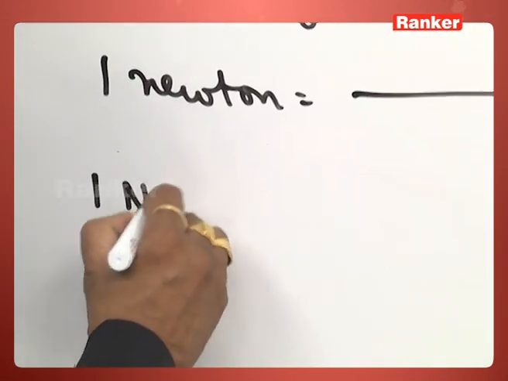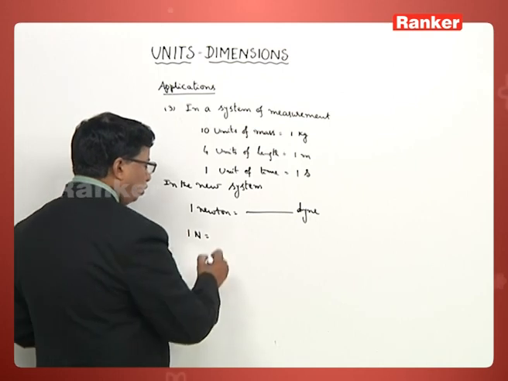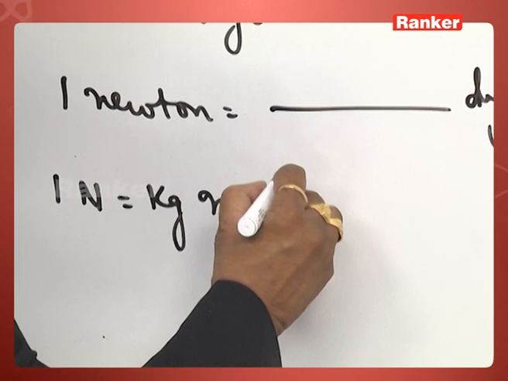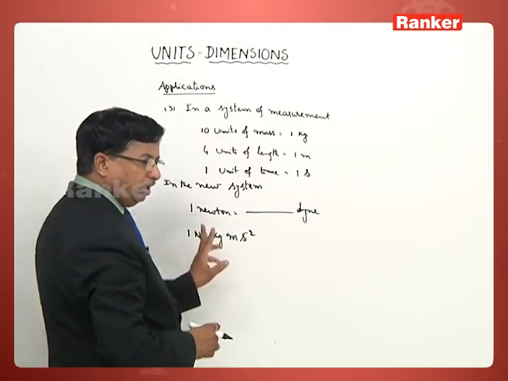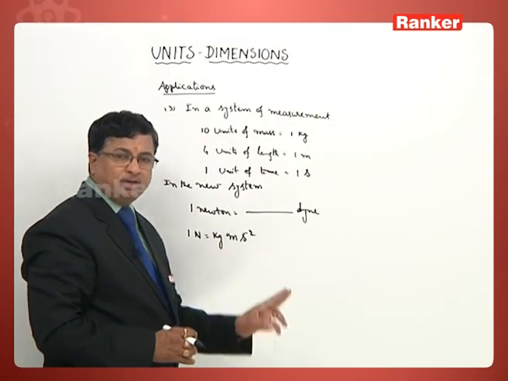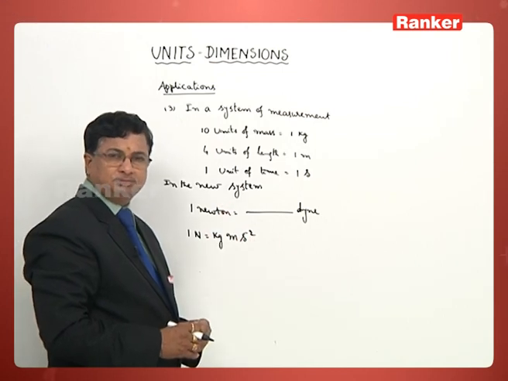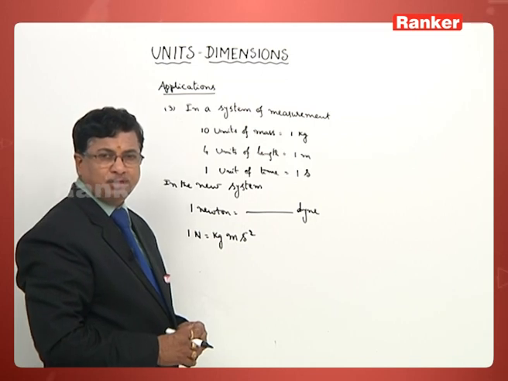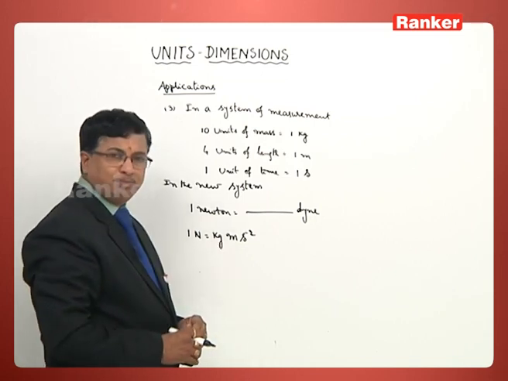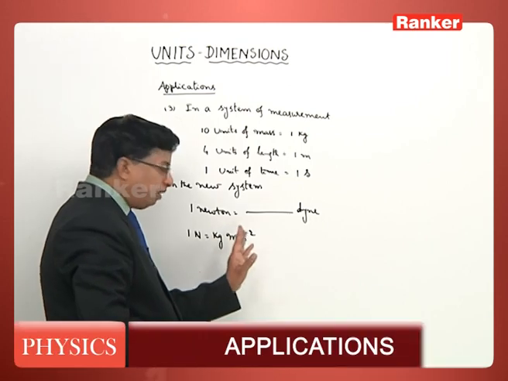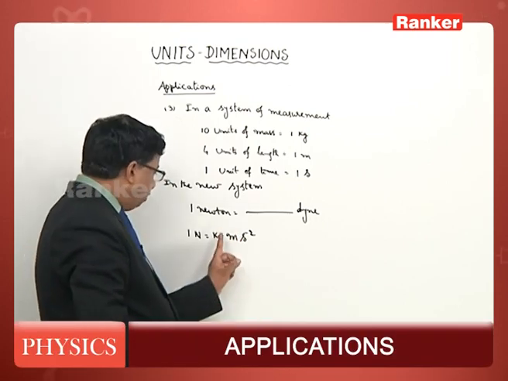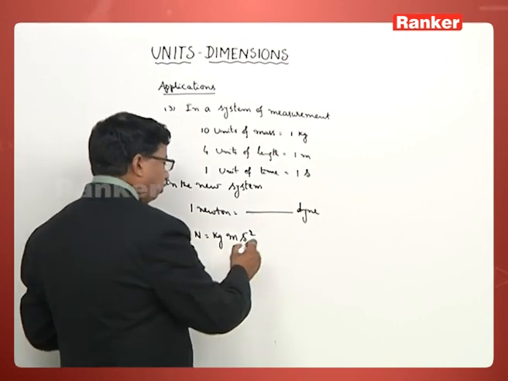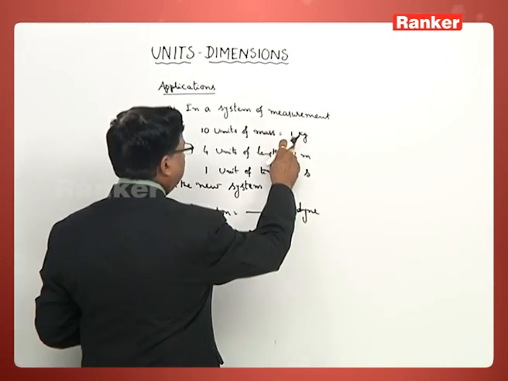What is 1 Newton? 1 Newton is kilogram meter per second square. That is actually mass into acceleration in SI units. Mass is kilogram and acceleration is meter per second square. So kg meter per second square we call a Newton. What you need to do now is, what is 1 kilogram?